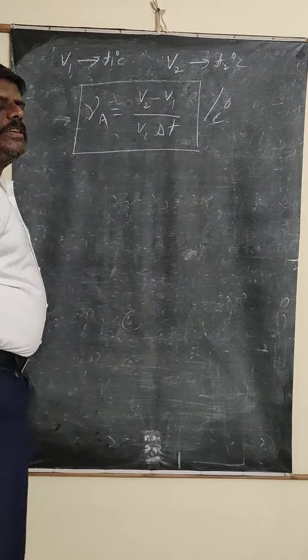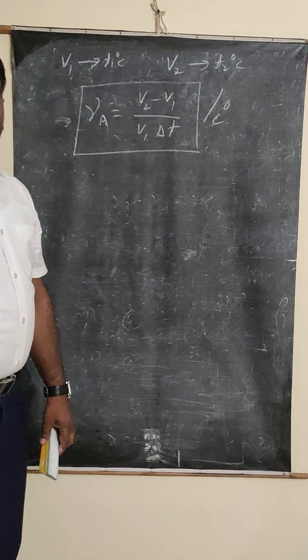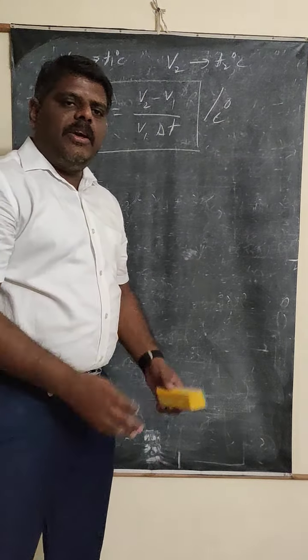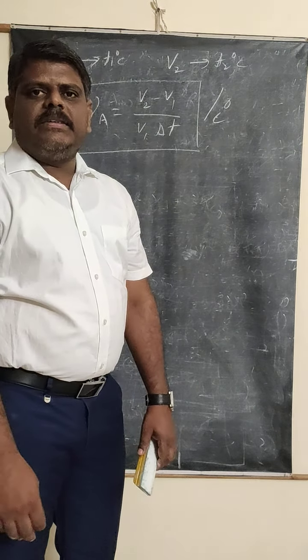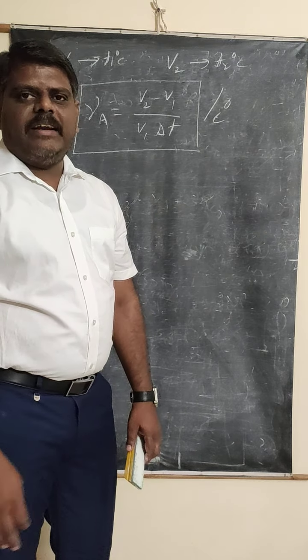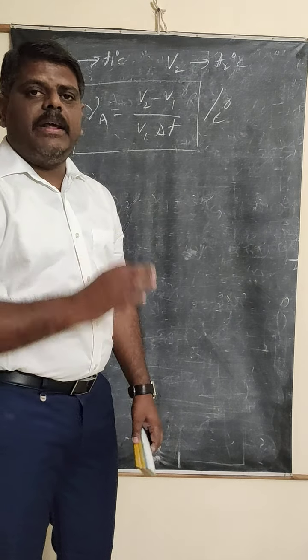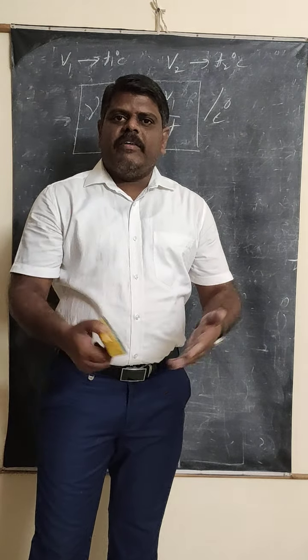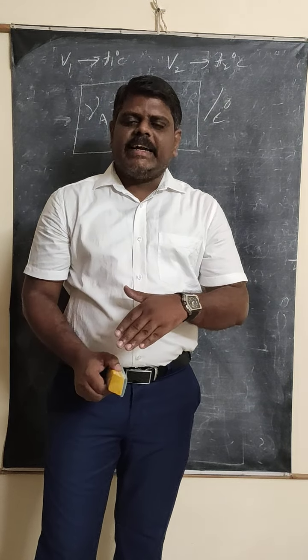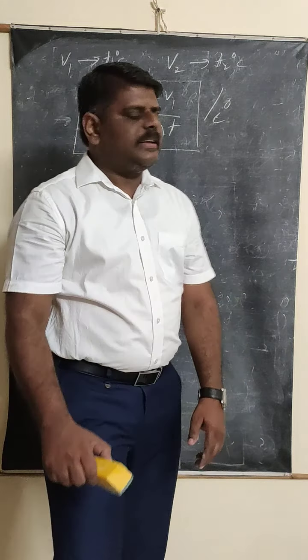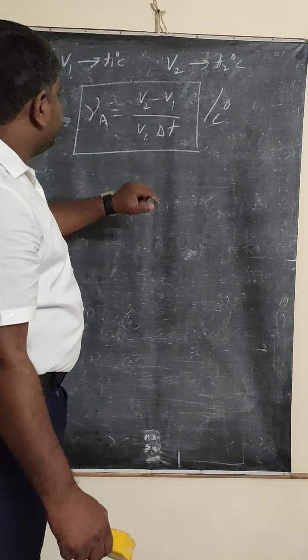That means when you increase the temperature, volume increases and density decreases. What about mass? The mass remains constant because mass does not change. This is a very important point you have to remember: whenever you give heat energy to a substance, volume increases, density decreases, but mass remains constant. So these are the formulas I will be taking.